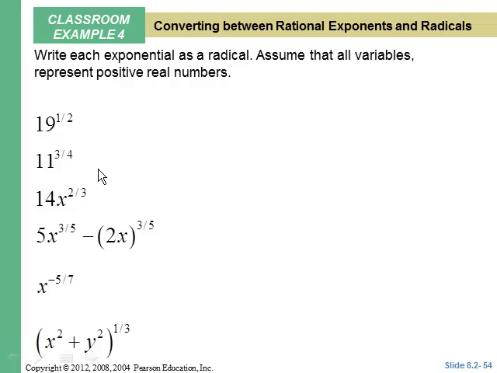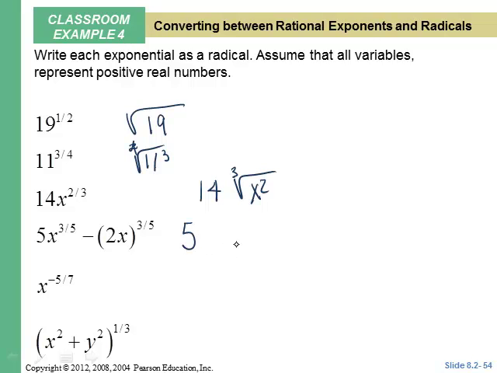Write each exponent as a radical. This would be the square root of 19. This would be the fourth root of 11 cubed. This would be 14 times the cube root of x squared.